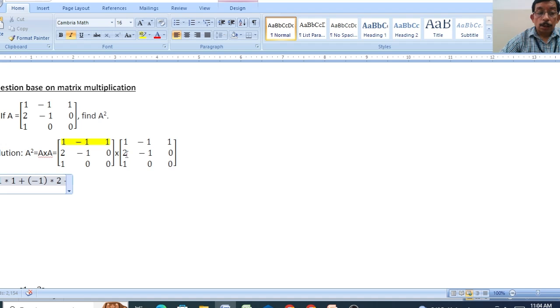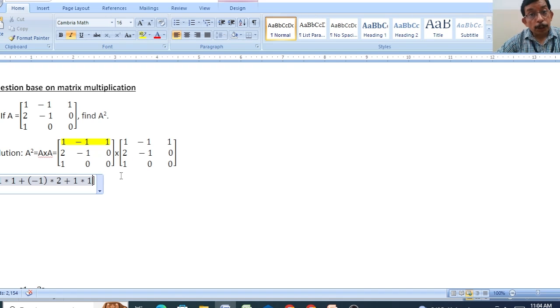Then the last element of the first row is 1, multiplied by the corresponding element of the first column in the second matrix, which is also 1, so 1 multiplied by 1. Each product is added. The first row, first column multiplication is complete. This is a single element of the first row.